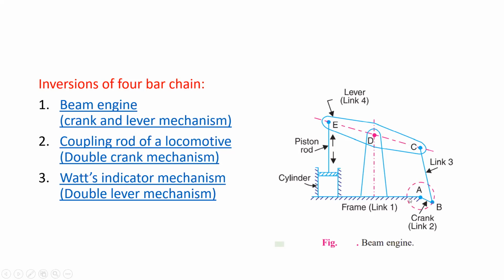This link 2 will rotate, it will turn, and its rotation will be transmitted through link 3 to link 4, which is the lever. This lever will oscillate.